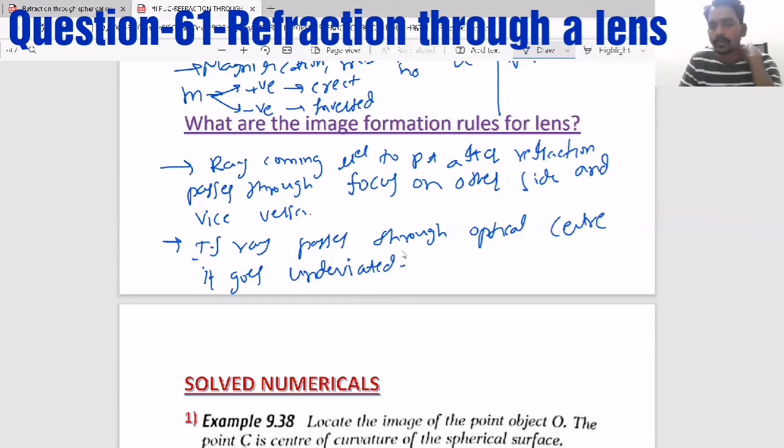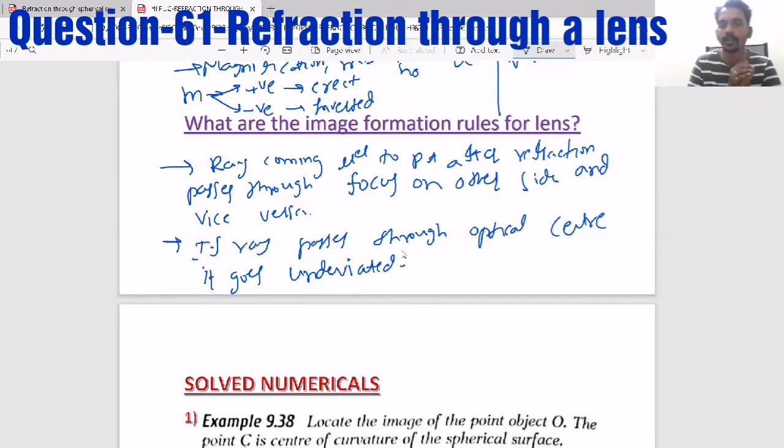And if you want to take the object and image formation positions, see, a convex lens is the same as a concave mirror. Like, if the object is at infinity, the image forms at the focus, but on the other side. So in case of a mirror, the same side it will form, but in case of a lens, the other side. And the positions for a concave lens are the same as for a convex mirror.